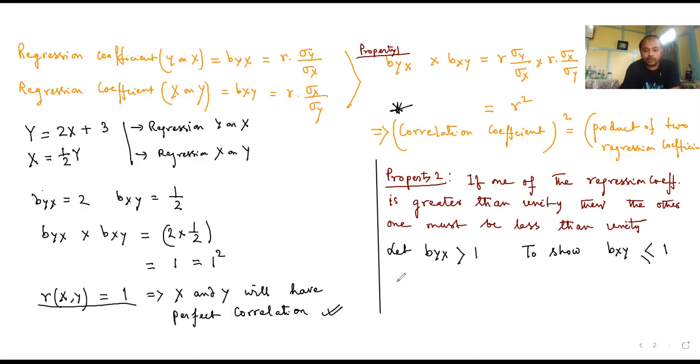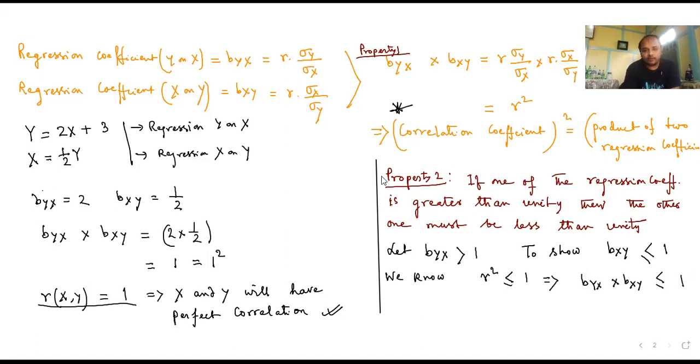Now we know that r square is less than or equal to 1, where r is the correlation coefficient between the two variables. And r square is given by property 1 as byx into bxy. This should be less than or equal to 1.